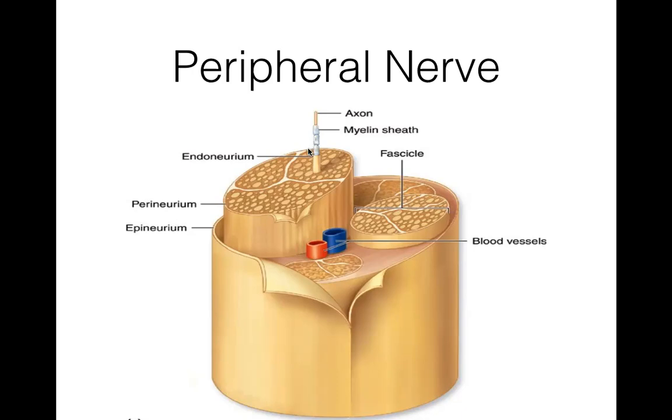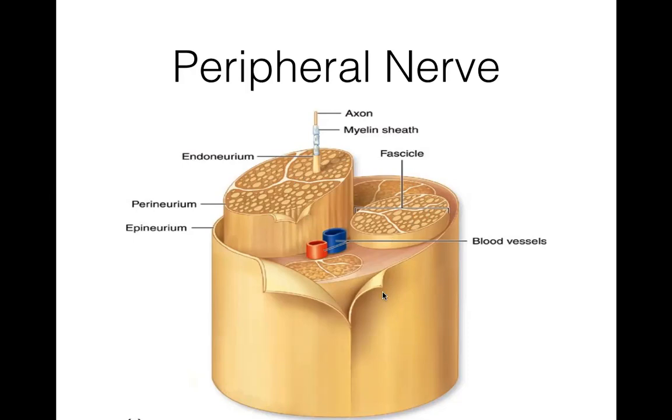These axons are covered by myelin sheath and covered with a connective tissue known as the endoneurium. Then they are arranged in fascicles, and those fascicles are covered with another layer of connective tissue known as the perineurium. When we collect all these fascicles together, what we have is known as the peripheral nerve.